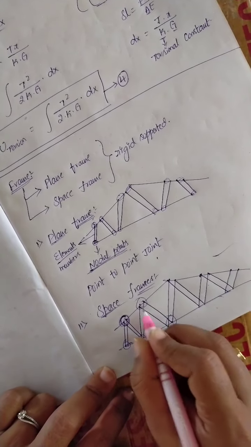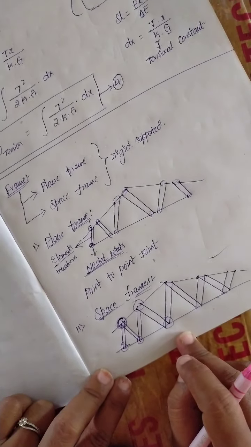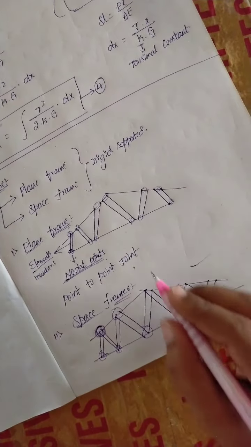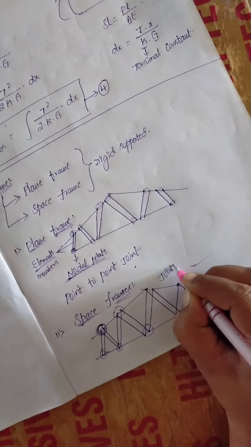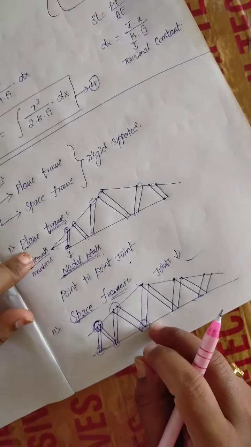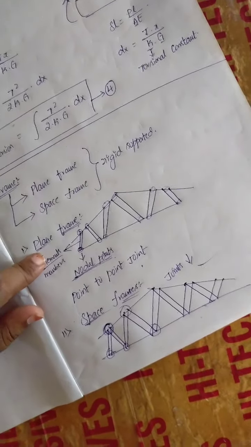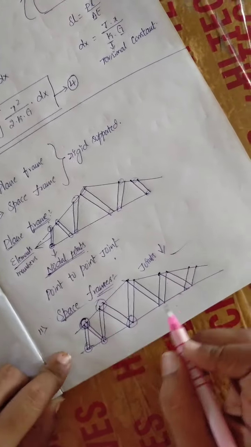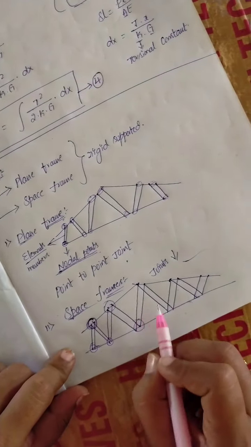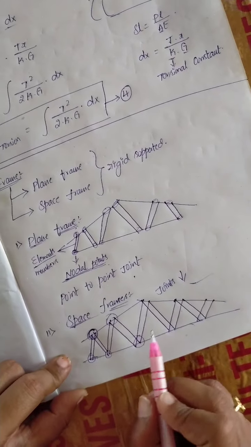The same manner here. What is the advantage of the space frame? The joints will reduce in a space frame compared with a plane frame. If the joints reduce, then it gets more strength. That's why the space frame is sometimes more useful.